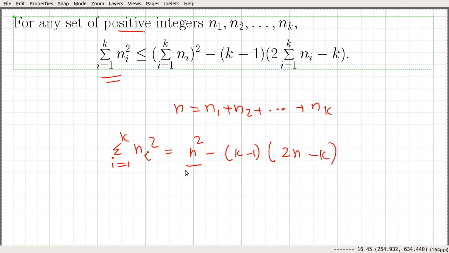So this is the inequality that we are going to use in our proof: sigma i equal to 1 to k ni squared is less than or equal to n squared minus k minus 1 into 2n minus k.